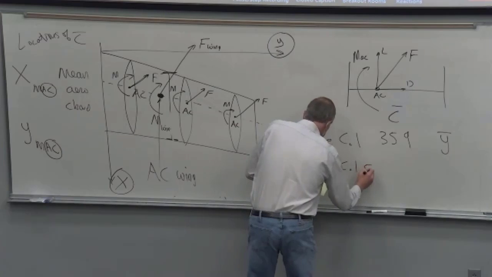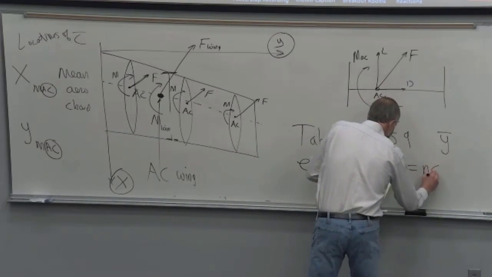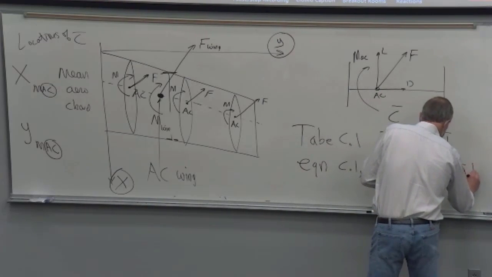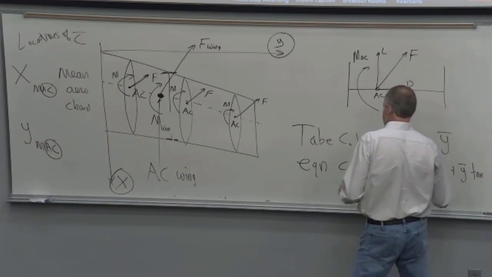C.1, comma 5 that gives you X bar. I need to write this over here because I'm going to run off here.